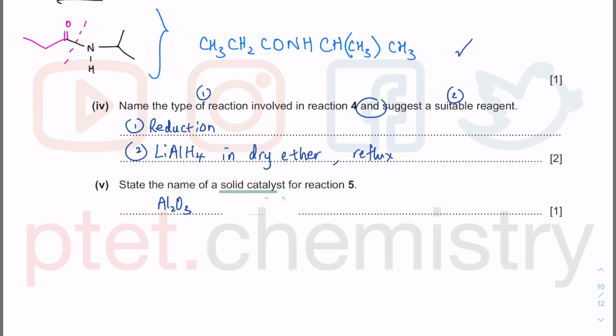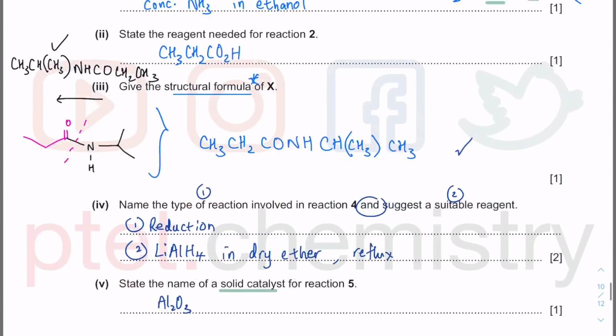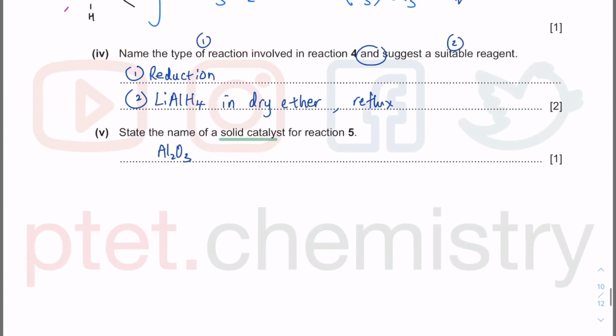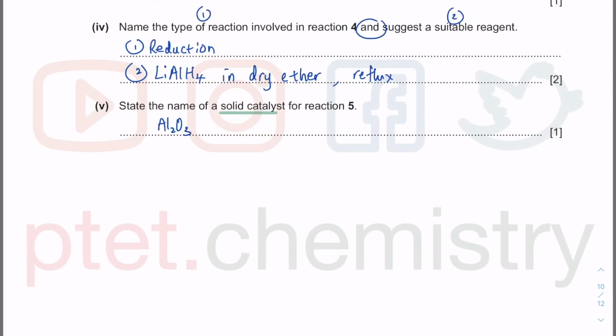Typically, we would just use Al2O3. It's just something that would speed up the elimination of H2O from alcohol to give you the alkene there. But hang on, I would not get the marks because they want the name. So I should really write down the name, aluminium oxide there.